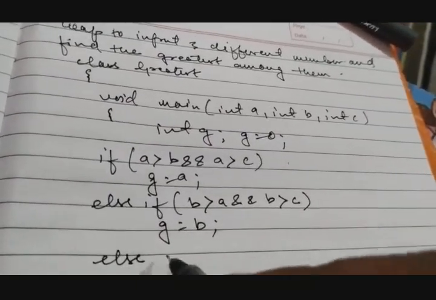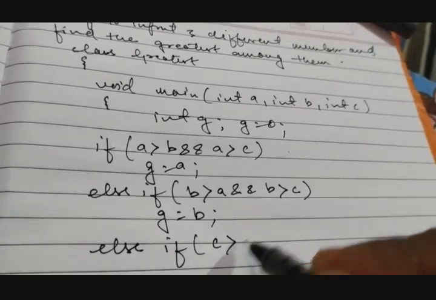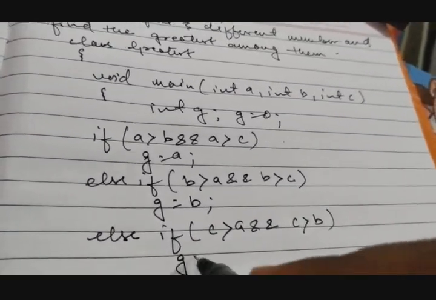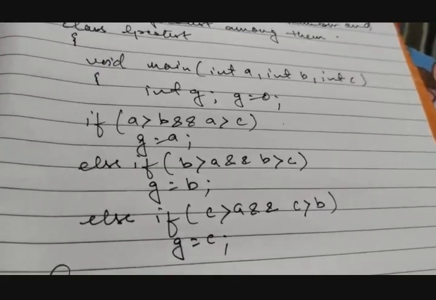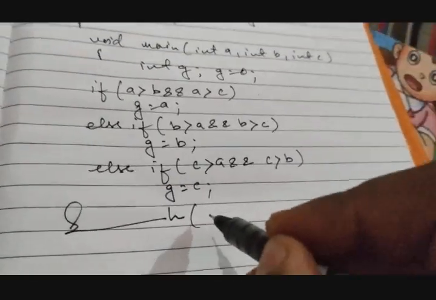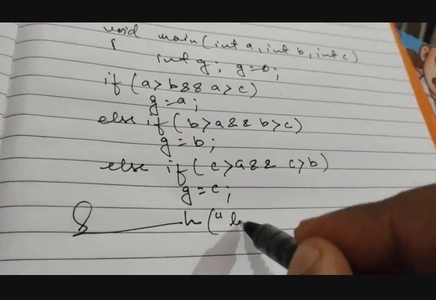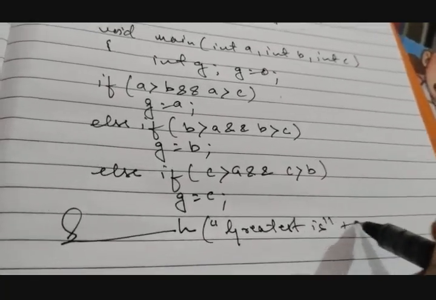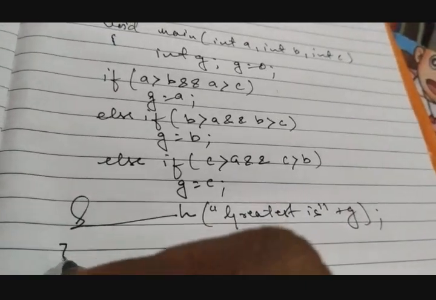Else if c is greater than a and c is greater than b, then greatest equals c. So System.out.println("greatest is " + g), close.